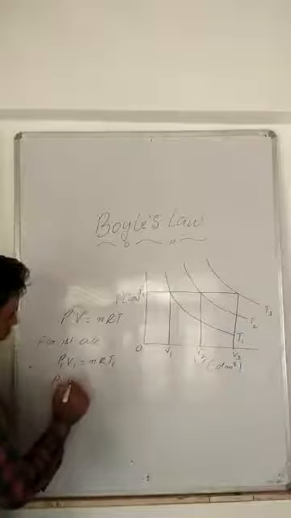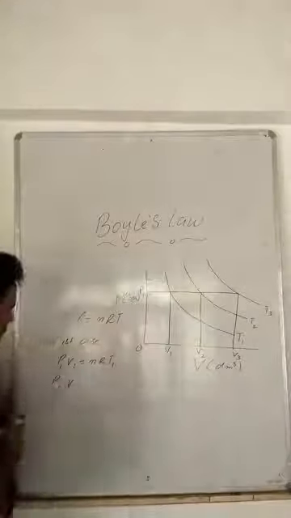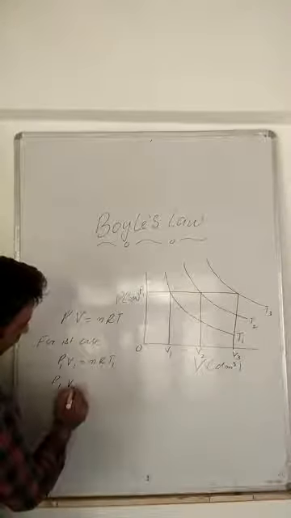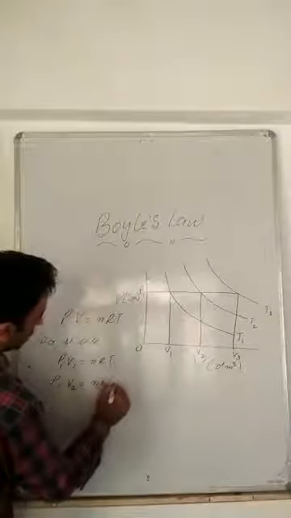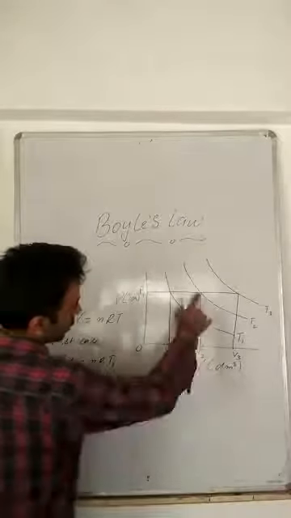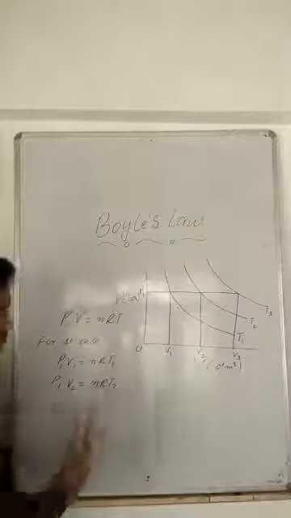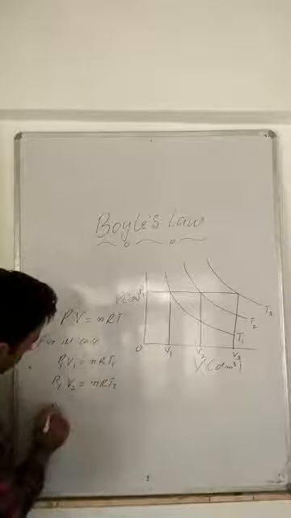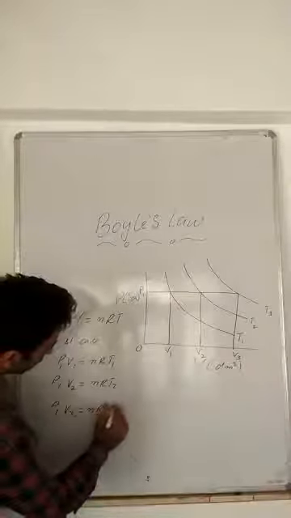It's P1 V2 is equivalent to nR T2. That means pressure constant, at temperature T2, I am getting a volume V2, right? Number of moles fixed, R is a universal gas constant. Again, P1 V3 is equivalent to nR T3.